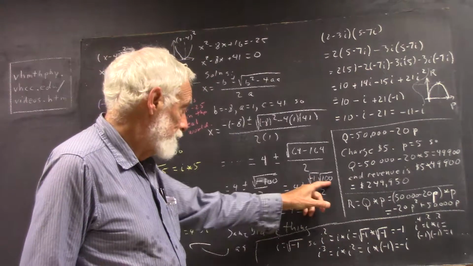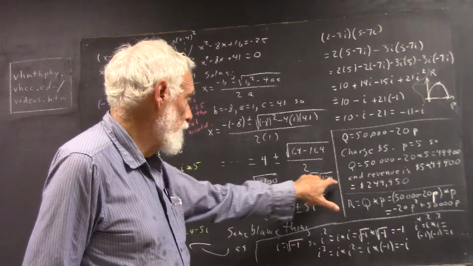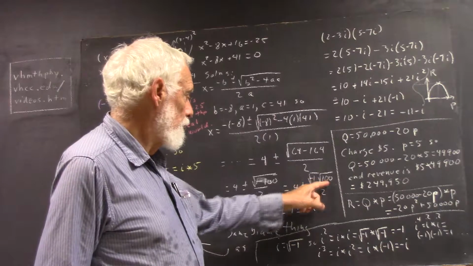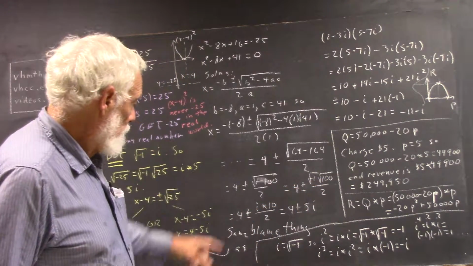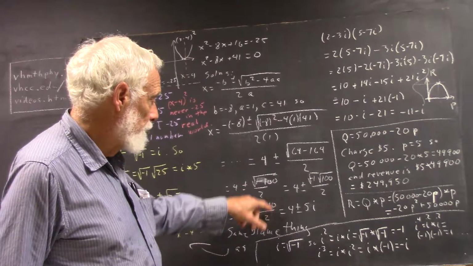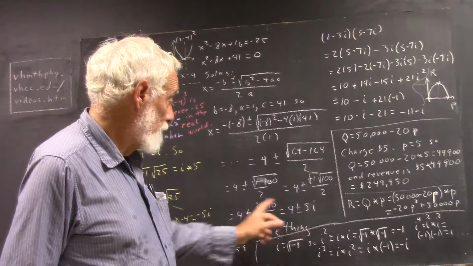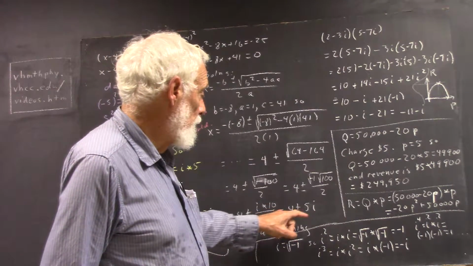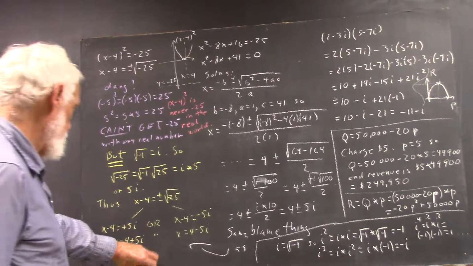Since the square root of 100 is 10 and the square root of negative 1 is i, we end up with 4 plus or minus i times 10 divided by 2. Well, 10 divided by 2 is 5, and we still have our i. So we end up with 4 plus or minus 5i, which of course is the same thing we have here.